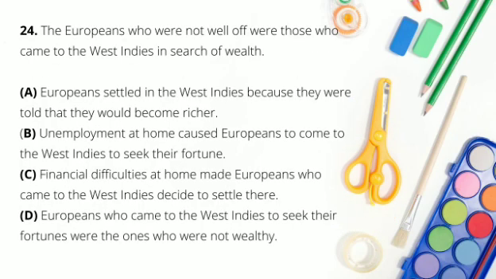Question 24. The Europeans who were not well off were those who came to the West Indies in search of wealth. The sentence closest in meaning to the original sentence is D. Europeans who came to the West Indies to seek their fortunes were the ones who were not wealthy.